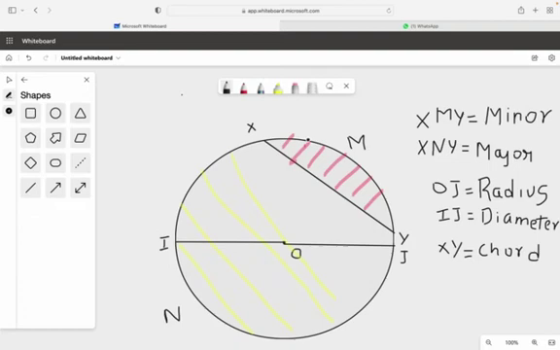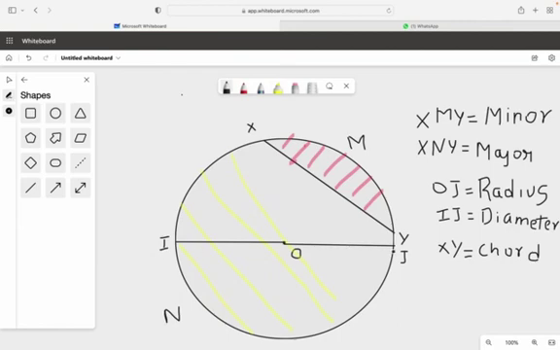Again, I'll repeat. X, M, Y is the minor segment. X and Y till here, because the chord cuts this one, right? X and Y is the major segment. X, Y is the chord. O, J is a radius.